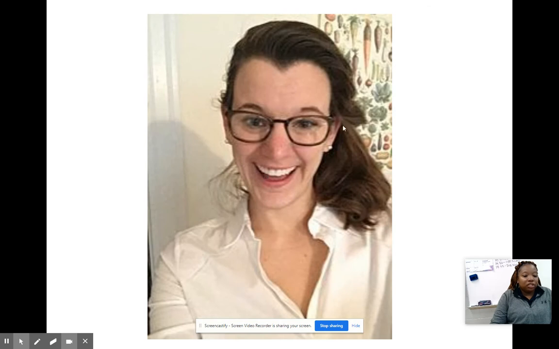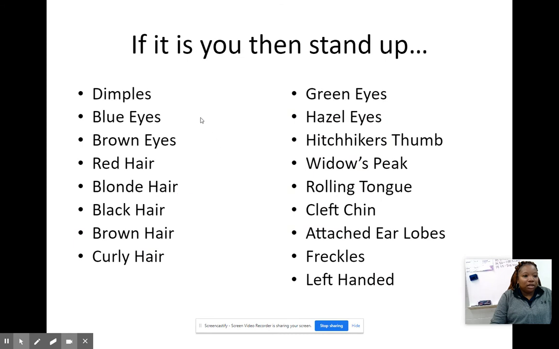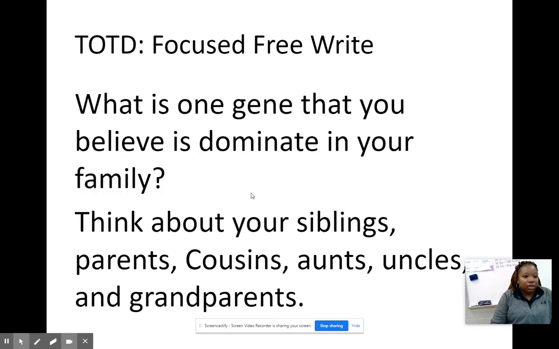This young lady has, I think it's called widow's peak, where her hairline comes down and it curves and goes back up again. This lady right here has green eyes, and these are different things that you can check for to see if you have these traits: dimples, blue eyes, brown eyes, red hair, blonde hair, black hair, and so forth.